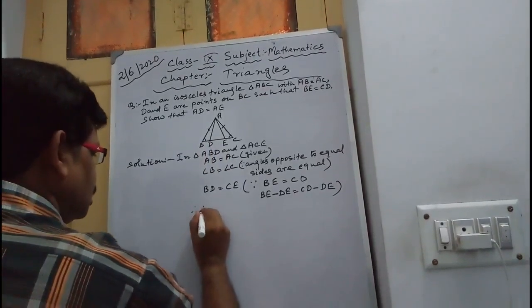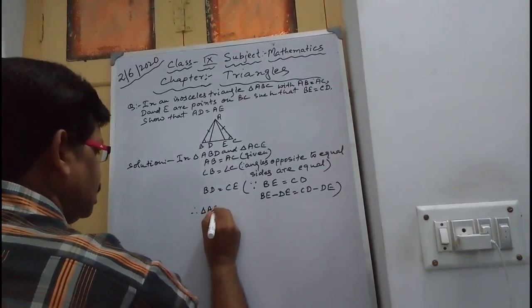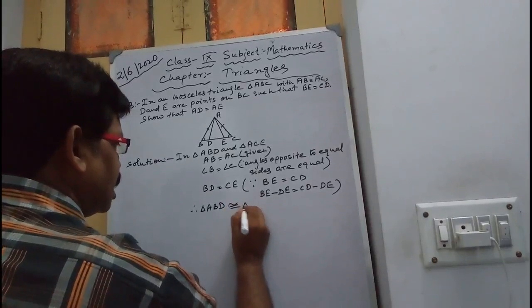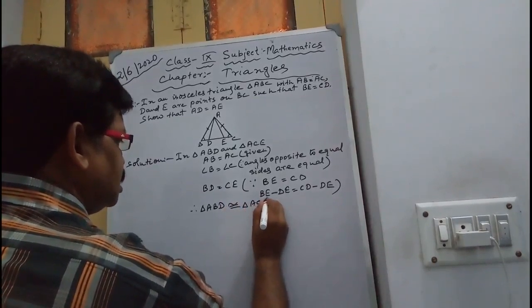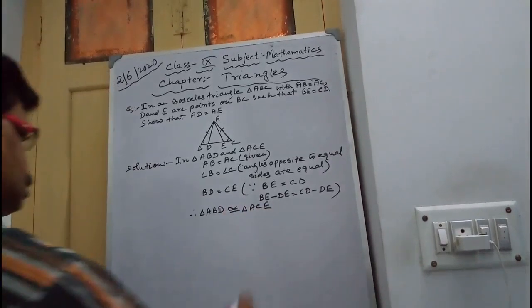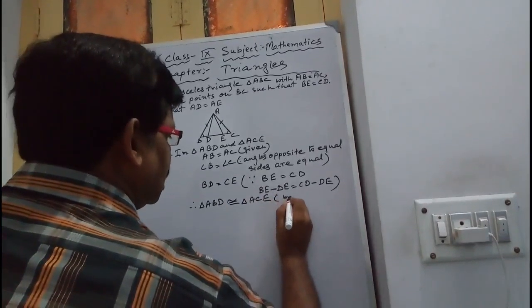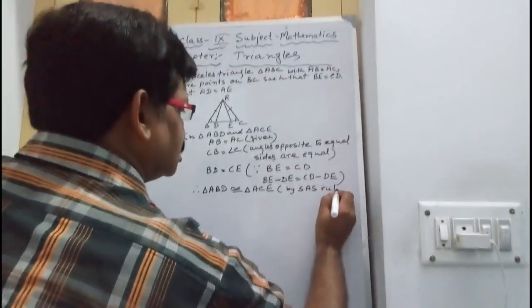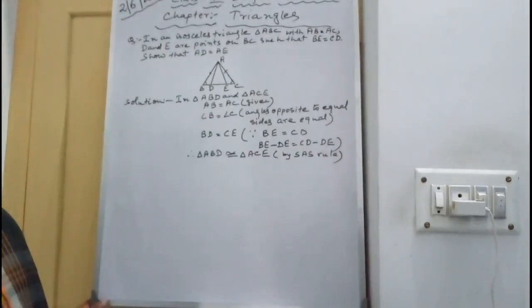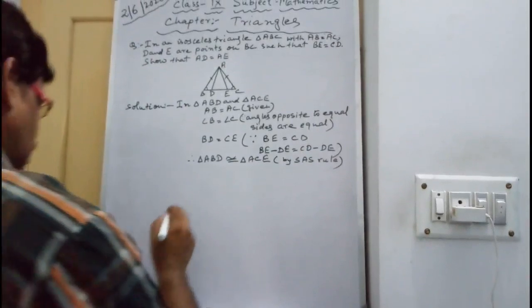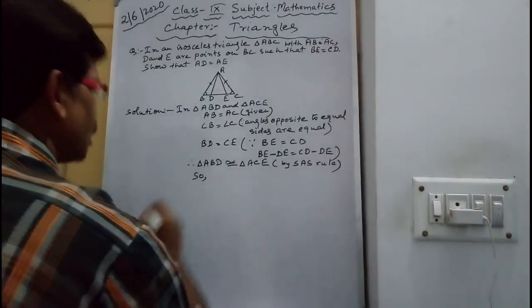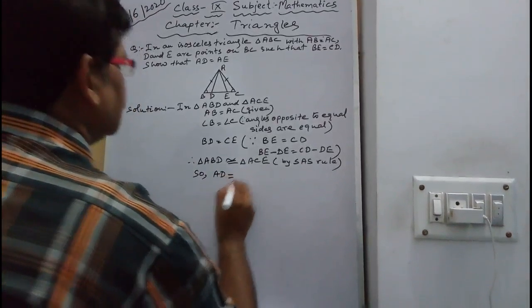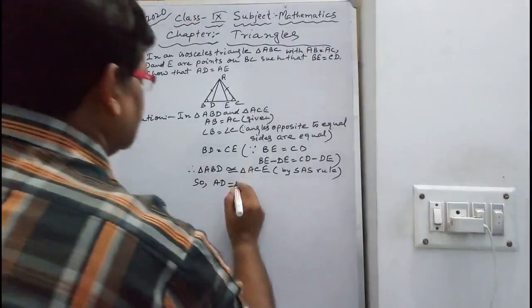Therefore, triangle ABD is congruent to triangle ACE by SAS rule. So AD equal to AE.